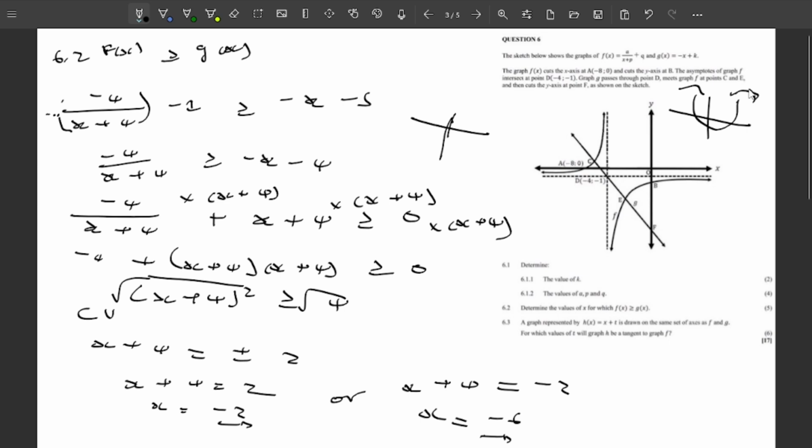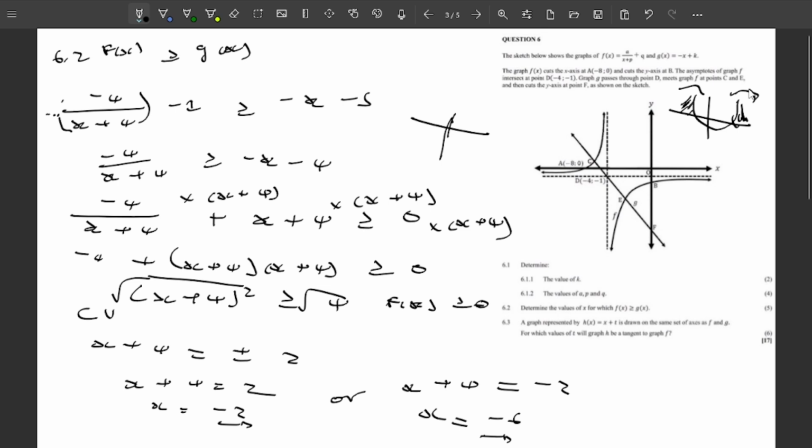look. Okay, let's find our f(x). Okay, our f(x), it's this one here, of which it's going to be what? It's going to be here. Yes, because f(x) is greater than g(x), the one on the top, right?